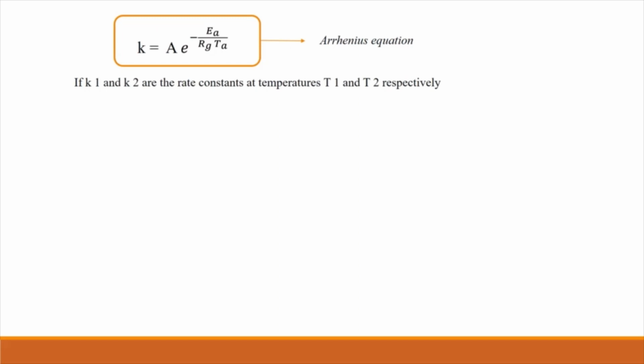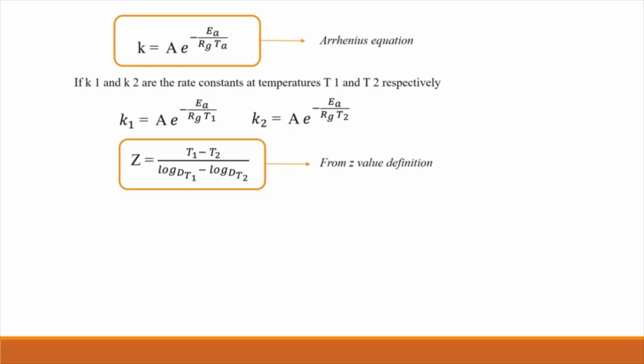If K1 and K2 are the rate constants at temperatures T1 and T2 respectively, the Arrhenius equation will become K1 equal to A into e to the power minus EA by Rg into T1 at the initial condition, and K2 equal to A into e to the power minus EA by Rg into T2 at condition 2. From the definition, the formula of Z value is Z equal to T1 minus T2 by log Dt1 minus log Dt2.